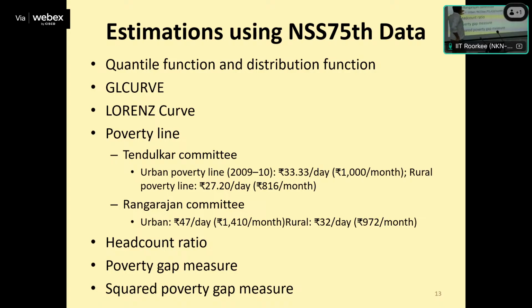So we have added something to this. He has also discussed this, but we will calculate based on the estimations of the Tendulkar committee and Rangarajan committee, and then we'll also calculate head count ratio, poverty gap measures, and squared poverty gap measures using the same data set. And the data set is already available with you.